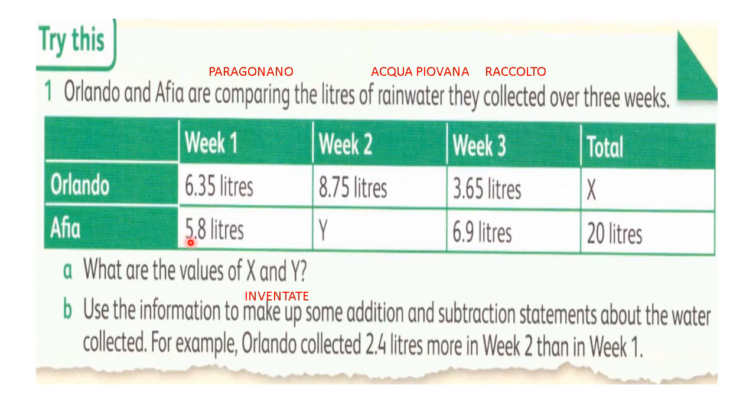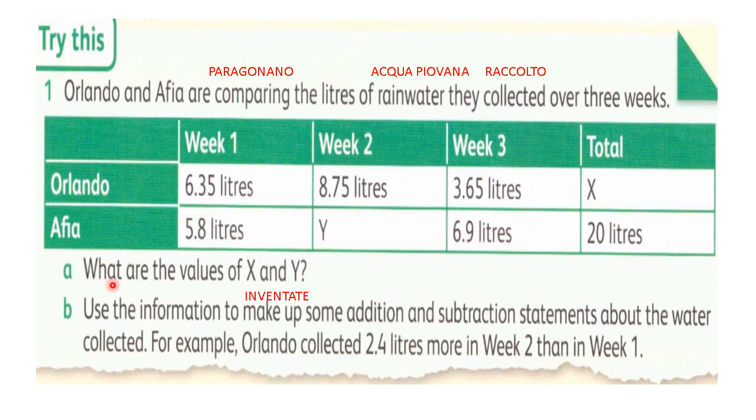Afia collected 5.8 liters the first week. Y is the amount she collected the second week. 6.9 liters is what she collected in week 3. And 20 liters is her total of the 3 weeks.